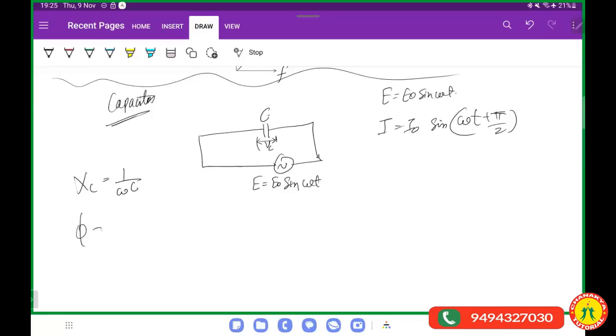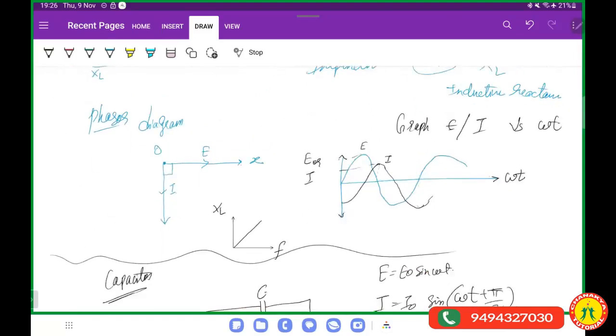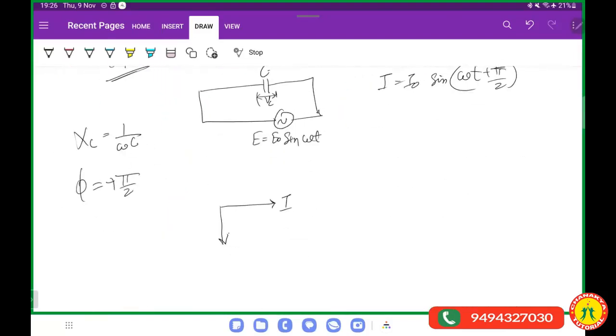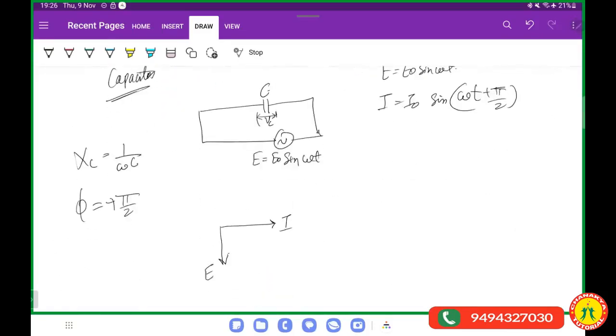So the phase difference equals pi by 2, that is a plus sign. So if you guess here, you can draw the phasor diagram the same way, just interchange E and I. It will be I and this will be E. Or if you want the same direction, then E will be here, I will be here.